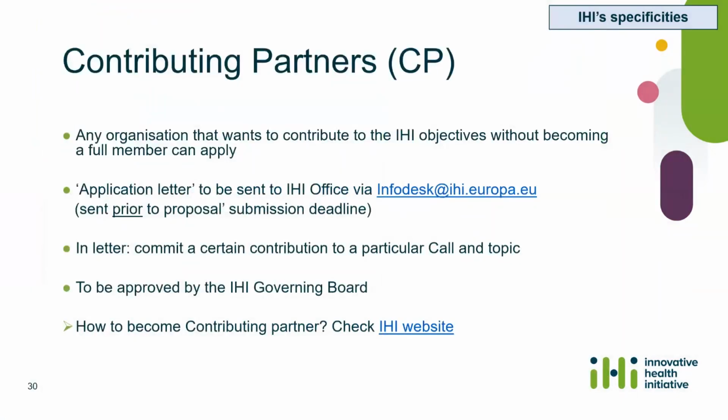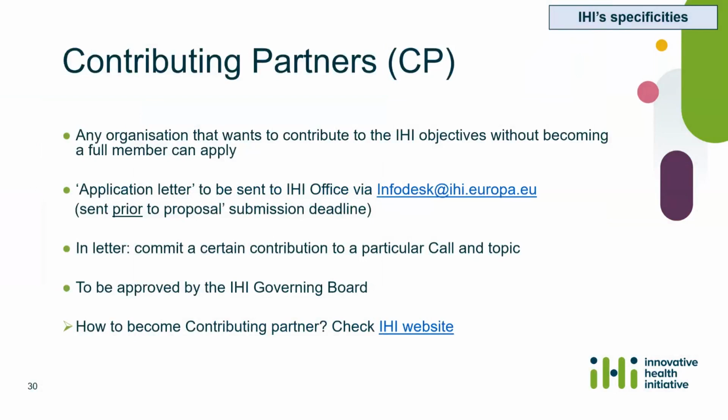And what we mean by contributing partners, well, it can be actually any organization that wants to contribute to the IHI objectives, but who does not want to become a full member. So to become a contributing partner, you need to apply with an application letter that you need to send to the IHI office prior to the proposal submission deadline.